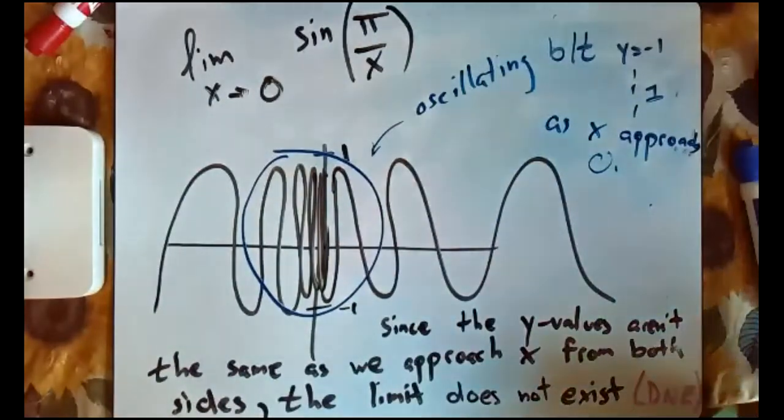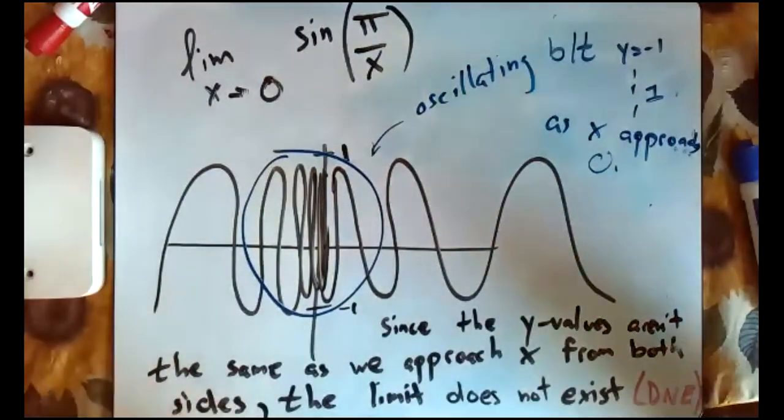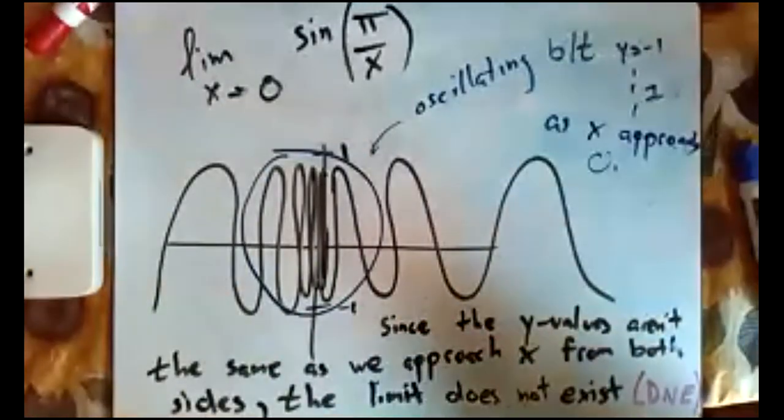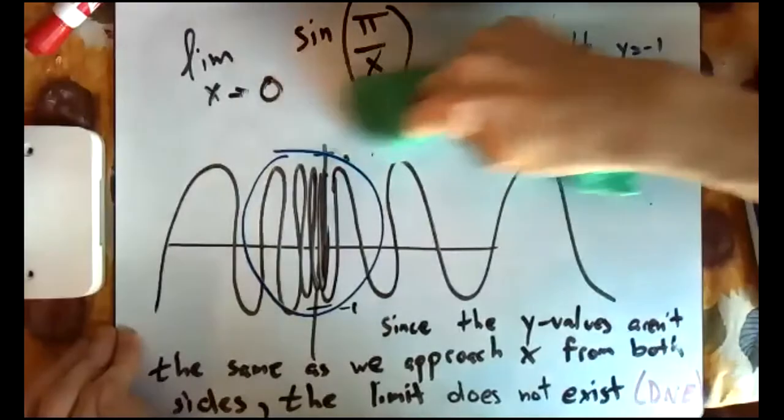So if you notice, we've been talking about this limit as x approaches some value of a from the left and the right-hand side. It is possible to have one-sided limits.